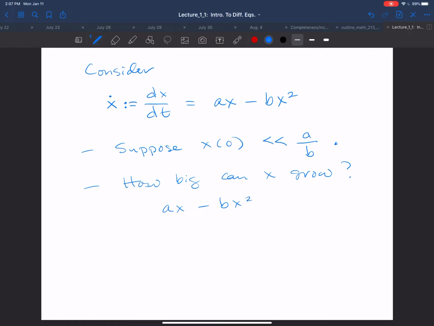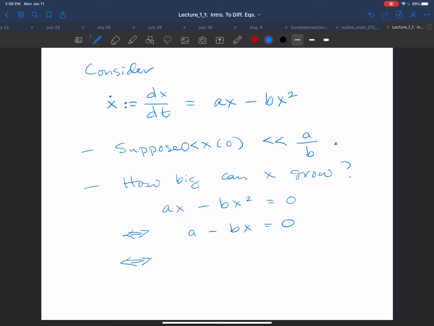When do we get that? Ax minus bx squared equals 0 if and only if we're considering positive values of x here. Okay. Positive values of x, so this is the case if and only if a minus bx equals 0.